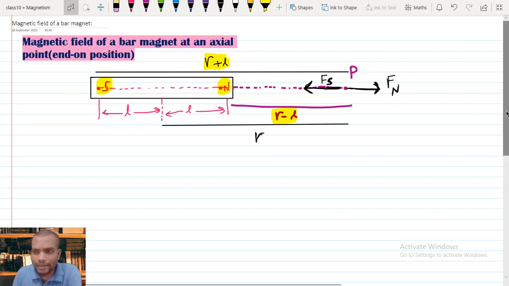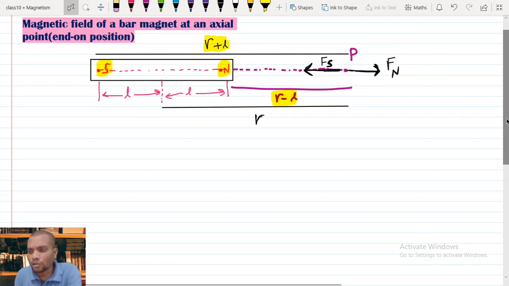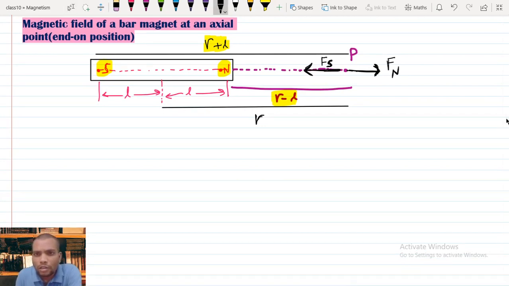Now we define a unit north pole. So that unit north pole is placed at point P. So that is the consideration you can take.